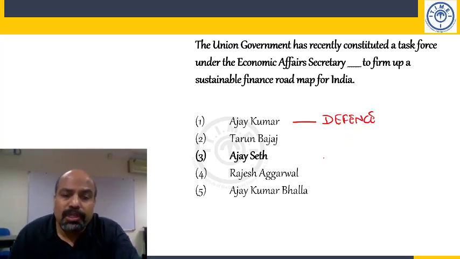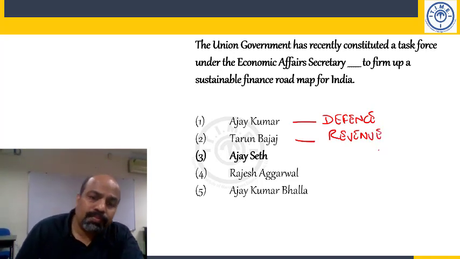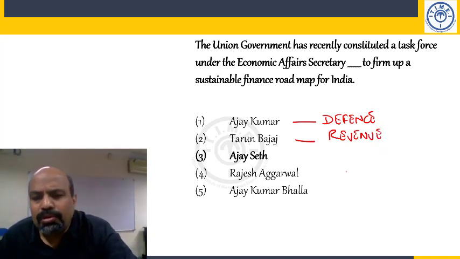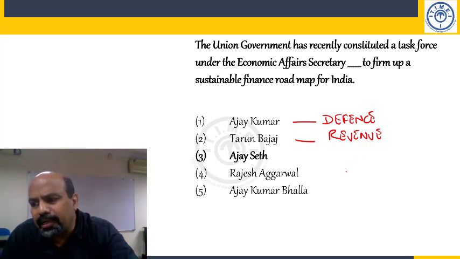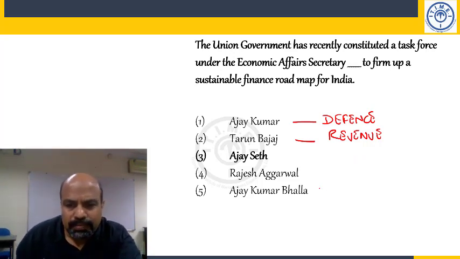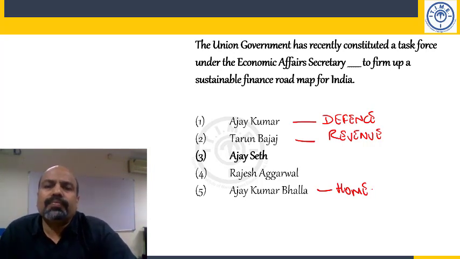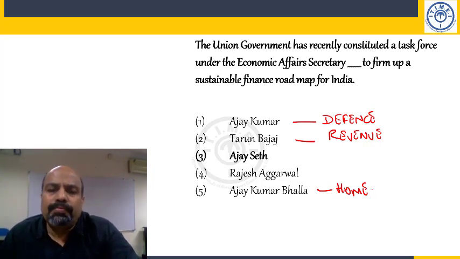Ajay Kumar, Defense Secretary. Tarun Bajaj, Revenue Secretary. Rajesh Agarwal, you don't need to know. He is a secretary in the Ministry of Skill Development and Entrepreneurship. You don't need this. And Ajay Bhalla is the Home Secretary. Fair, I guess.